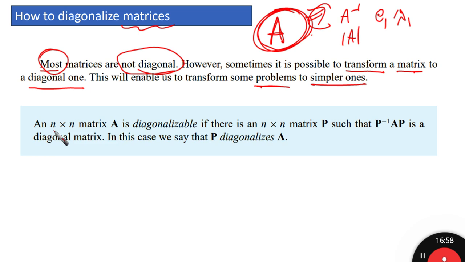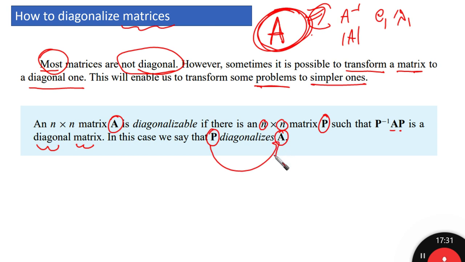An n by n matrix A is diagonalizable if there is an n by n matrix P such that P minus 1, or inverse of this matrix, times A times P, is a diagonal matrix. In this case, we say that P diagonalizes A.